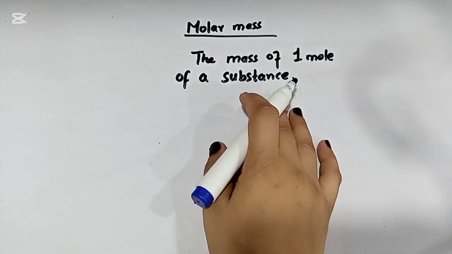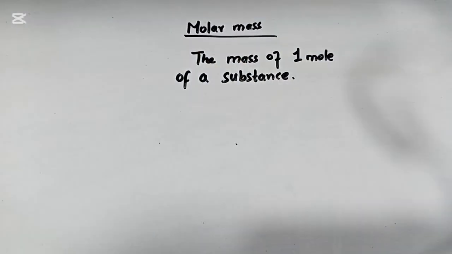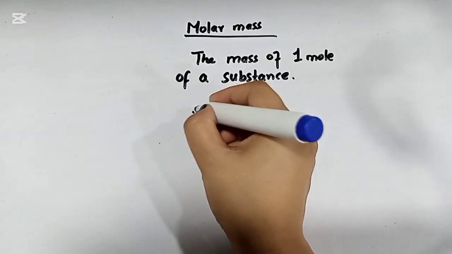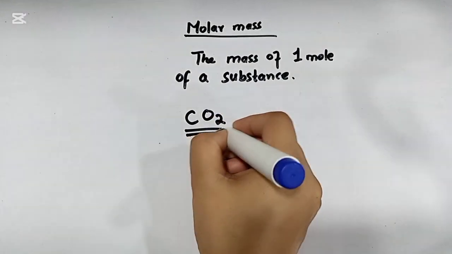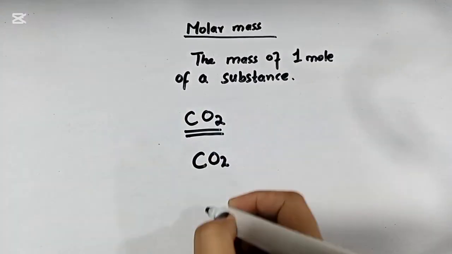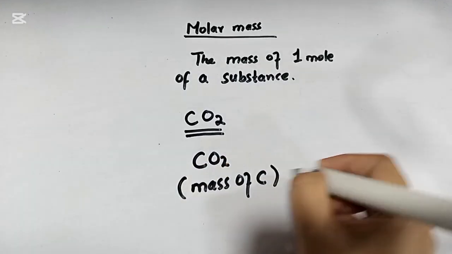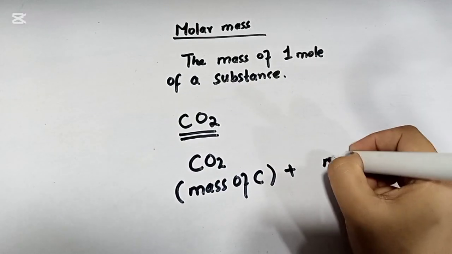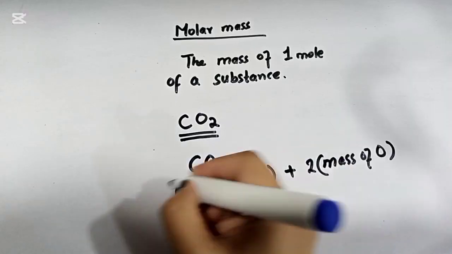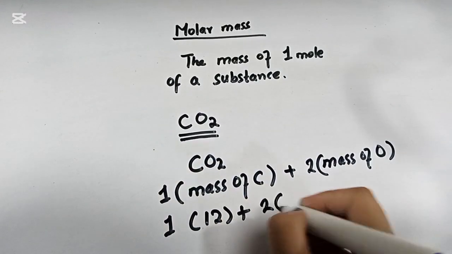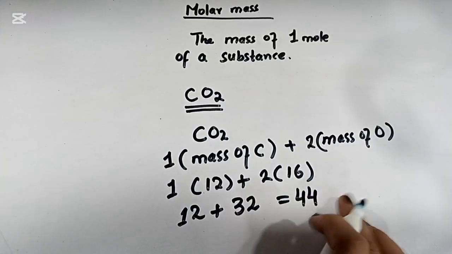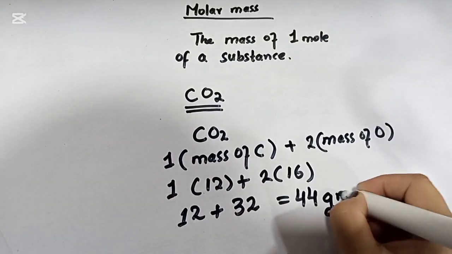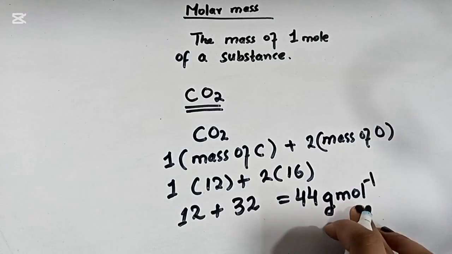Take carbon dioxide as an example. Calculate the mass of carbon and the mass of oxygen, calculating it in a similar way to the molecular mass. After getting the answer, you will use the unit gram per mole instead.